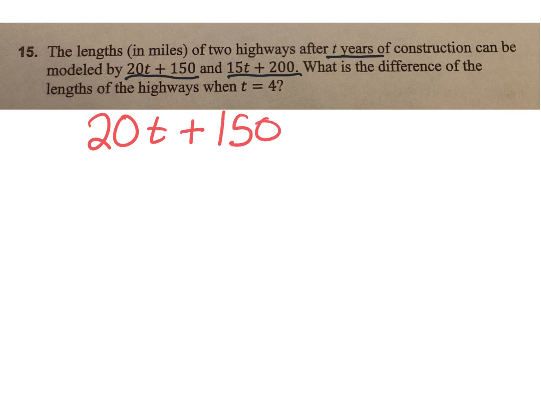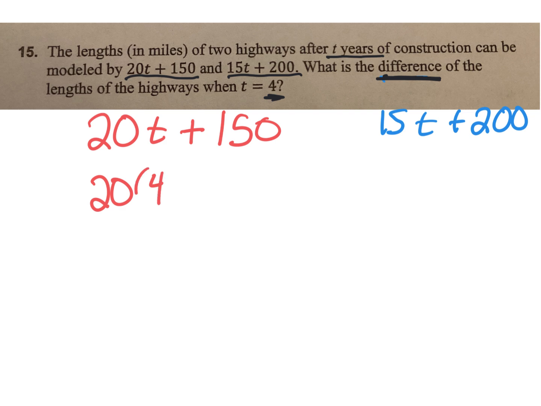And then I have another one that's 15T plus 200. It says to find the difference, and the difference is subtraction of the lengths of the highways when T is 4. So let me get the length of each, and then I'll find the difference. So let's put 4 in here.